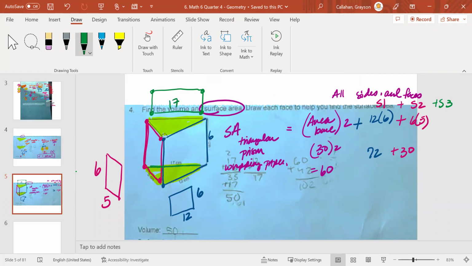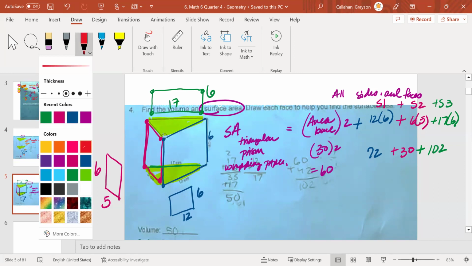And how tall it is, 6. So do 17 times 6. Grab your calculator. What's 17 times 6? 102. Okay, now you have to add everything together.